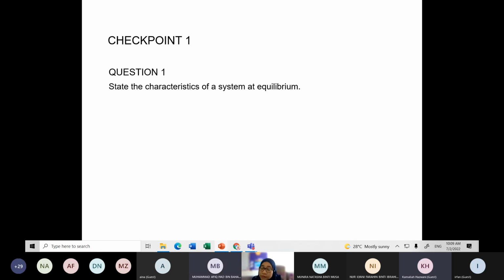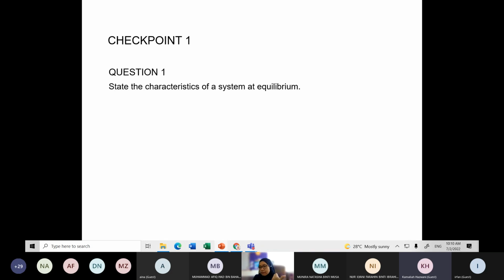At equilibrium, the concentration of both reactant and product, yes, will remain unchanged, but not necessarily be the same. So that is one important characteristic of equilibrium.